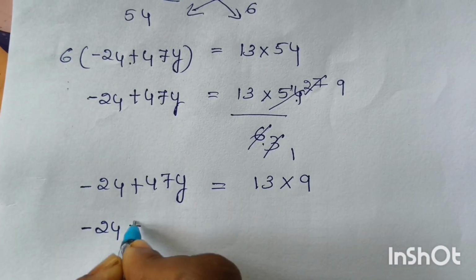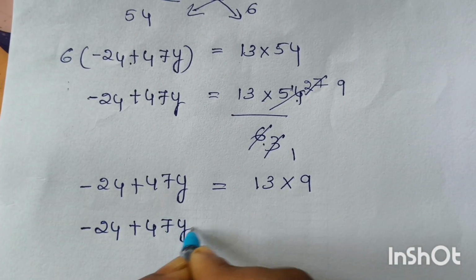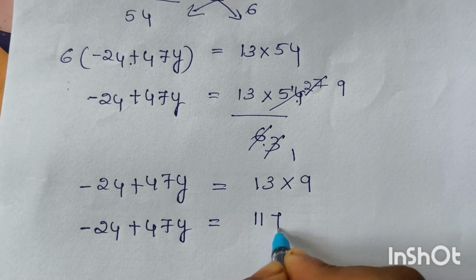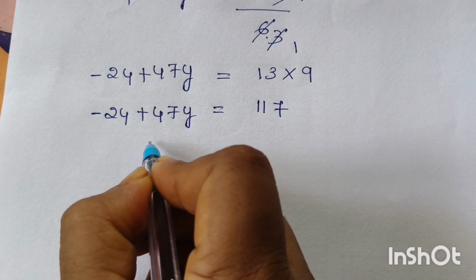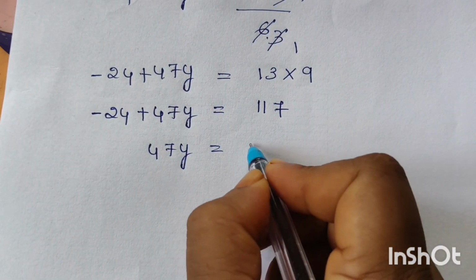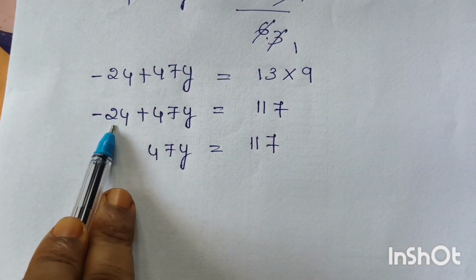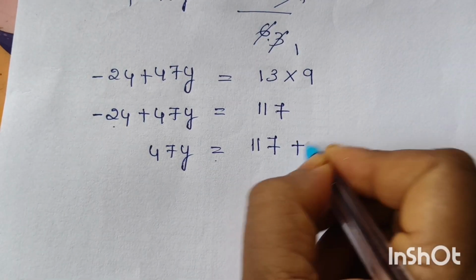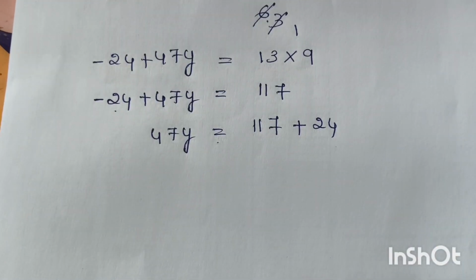Minus 24 plus 47y is equal to 13 9s are 117. 47y is equal to 117 minus 24. When it crosses the equal to sign, it will become plus 24.